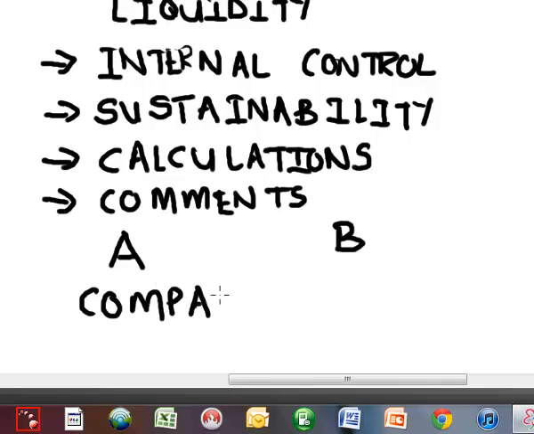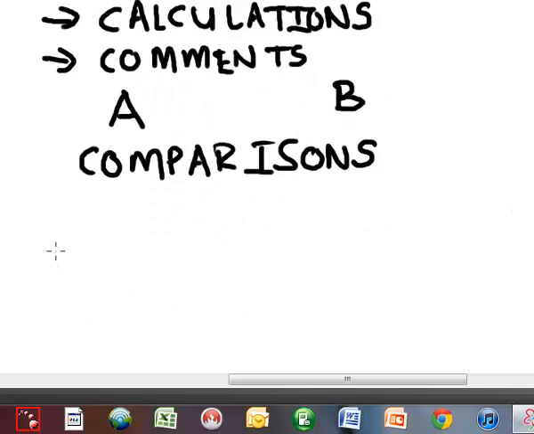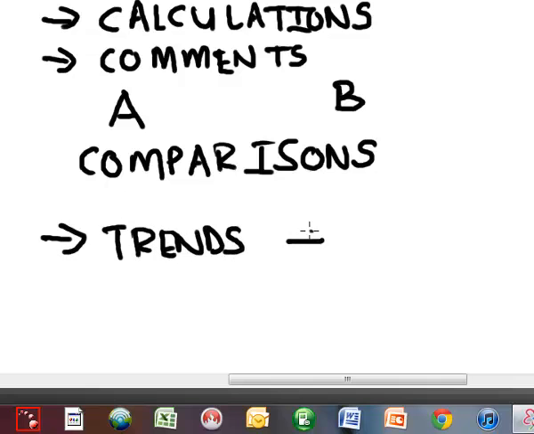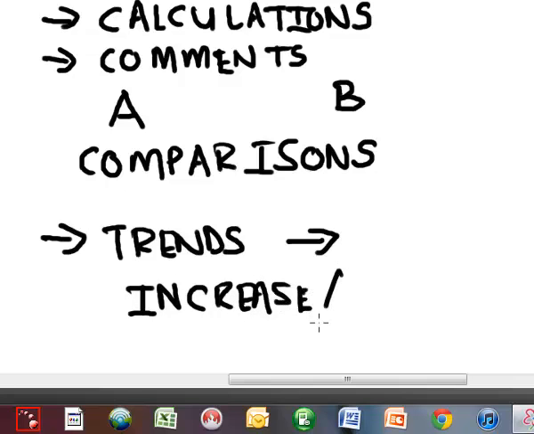So what is important is to look at the financial indicators and then draw your conclusions based on your comparisons. It is also important that when you are commenting on these, you talk about the trends. That means what is happening to these indicators. What are they indicating? Was there an increase or was there a decrease?